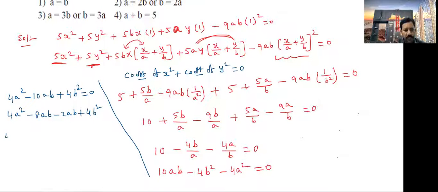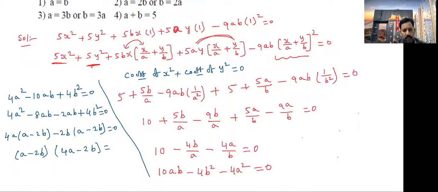First two terms, take 4a common: a minus 2b. Here, minus 2b common. We get a minus 2b is equal to 0. Finally, (a minus 2b) into (4a minus 2b) is equal to 0.